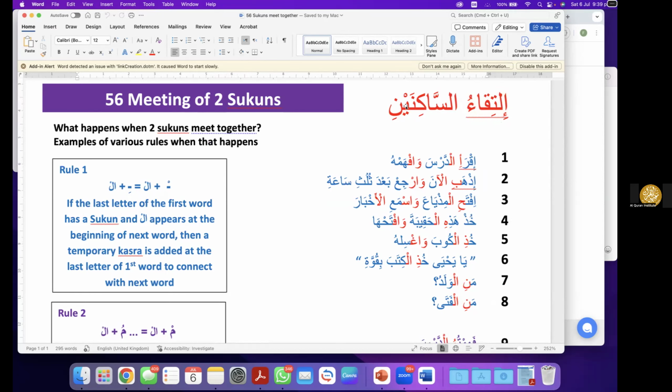What happens? So the first rule is, if the last letter of the first word has a sukun, and al appears at the beginning of the next word, then a temporary kasra is added at the last letter of the first word to connect with the next word. Ikra id-darsa.